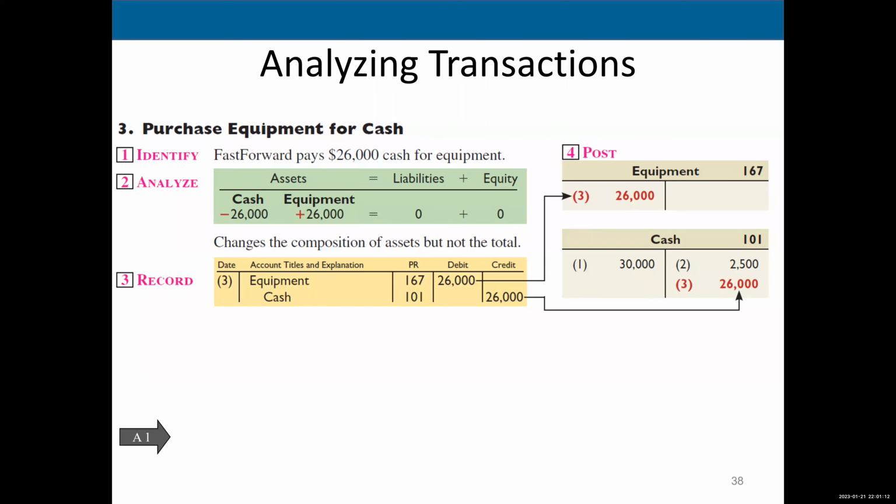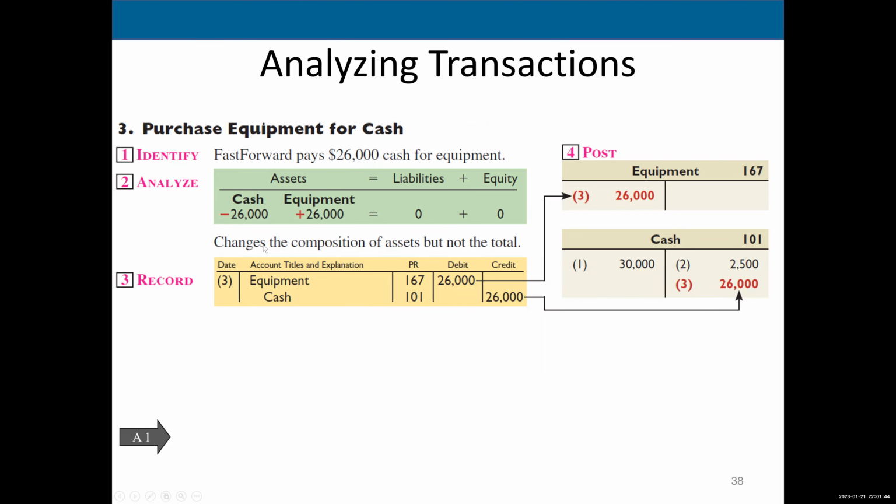When we increase an asset, we're going to debit, right? So we're going to be debiting equipment, 26,000. And remember when we pay the cash, we know it's going to be a credit. So cash, credit. Just remember, if we are receiving cash, it's a debit. When we're paying cash and cash is going down like this, it's a credit, okay?